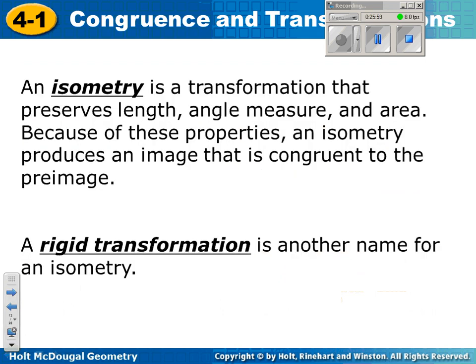Okay? All right, so a couple words we need to talk about are isometry and rigid transformation. An isometry is a transformation that preserves length, angle measure, and area. Three of the four transformations we just talked about are isometries. Which ones that we talked about preserve length, angle measure, and area?